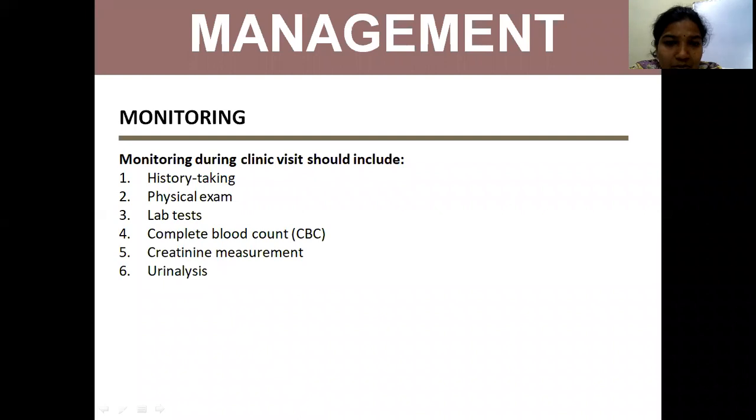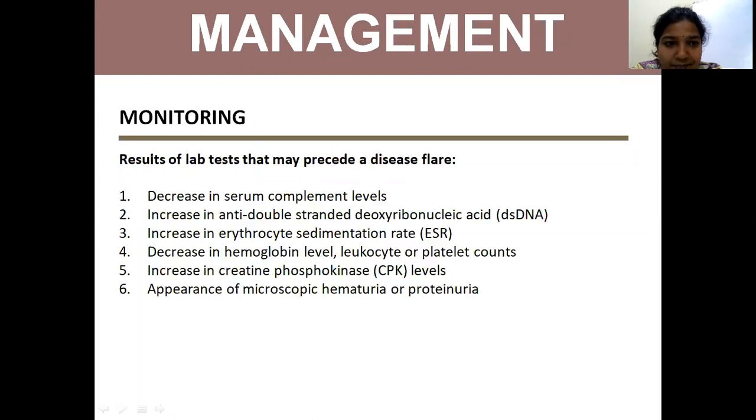So monitoring during clinical visit should include thorough clinical examination and history, and should follow laboratory investigations. The laboratory investigations include a complete blood count, creatinine measurements, and urine analysis to know the involvement of kidney.